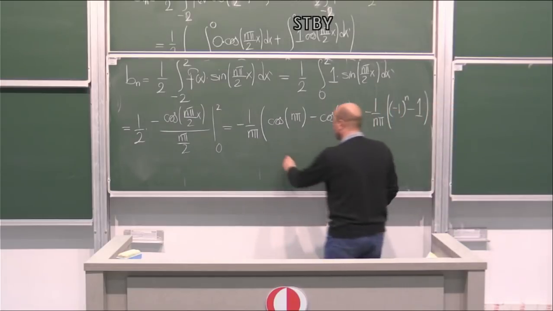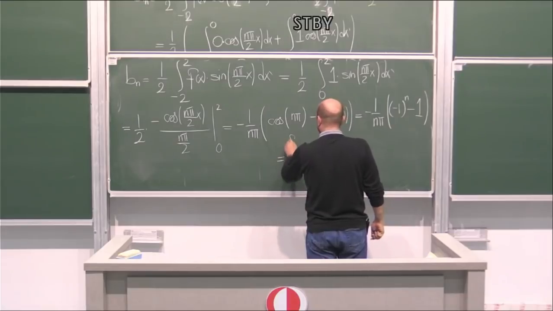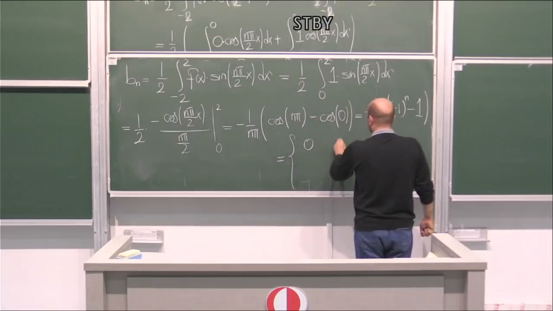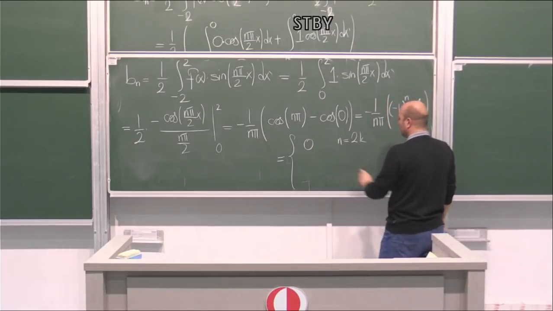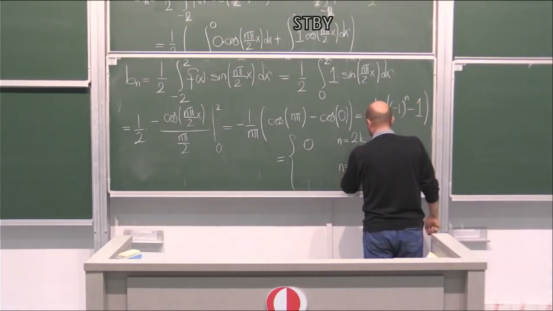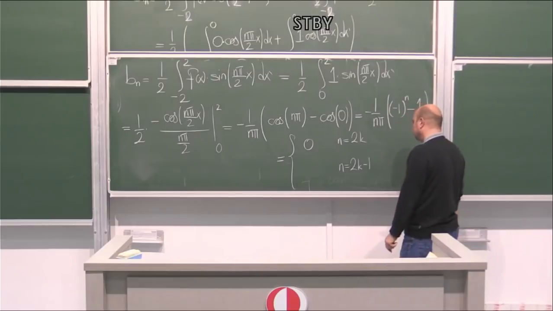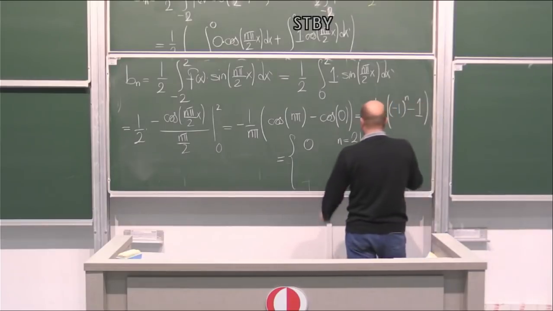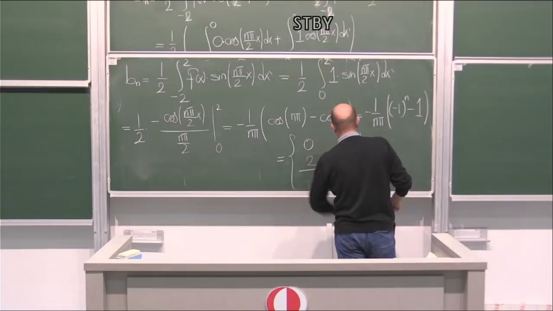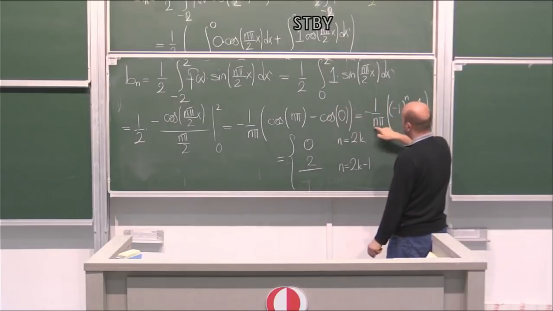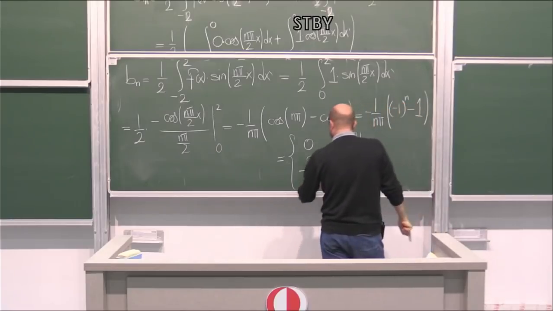So what can we say about this? This is equal to 0 when n is 2k, when n is even. When n is 2k minus 1, so this means odd, with k starting from 1, then we have 2 over n pi, and n is 2k minus 1.